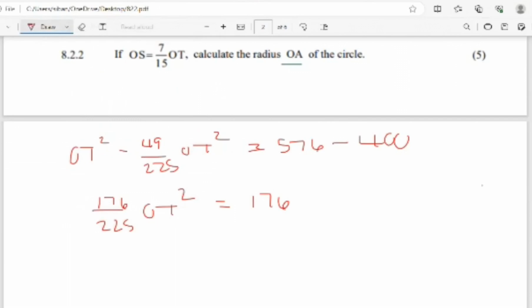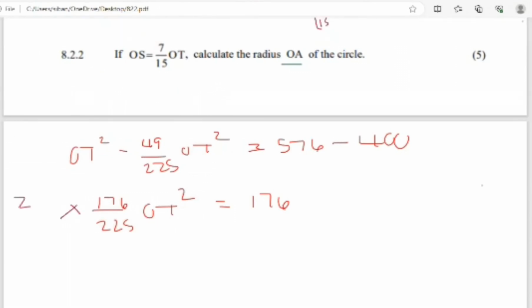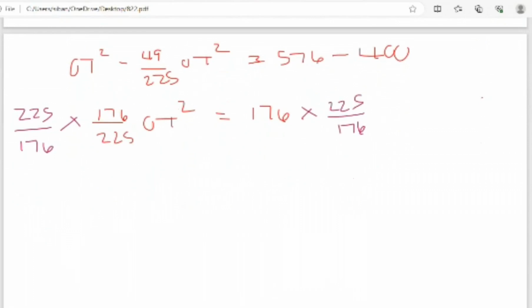Remember, I'm trying to get this OT squared on its own, so I'll times with 225/176 on both sides. On the left-hand side, these fractions will cancel out and I'll be left with OT squared. On the right-hand side, the 176's will cancel out and I will be left with 225.